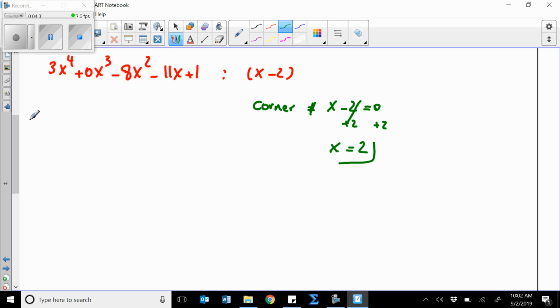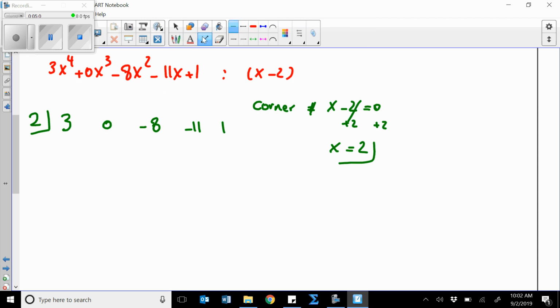I'm going to put this 2 on a corner here. Then I need to bring all the coefficients of all these terms over here and list them. So 3, the next one is 0, then we have negative 8, then negative 11, and the last one is 1.